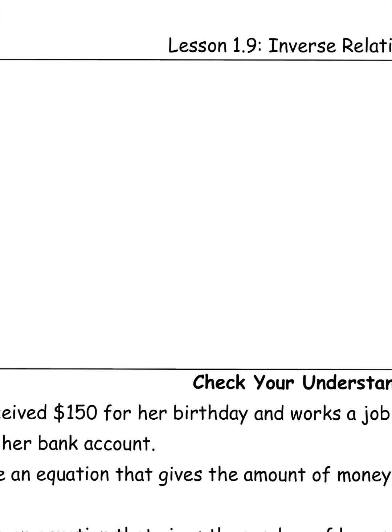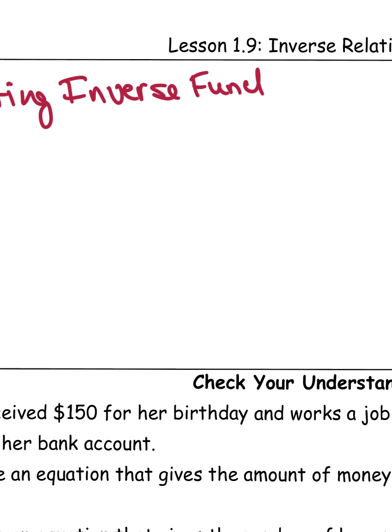I have something to put in your box. Let's see what I want to put in your box. Let's put writing inverse functions. I'm not sure why we get stuck on this idea. If I give you a table, can you find the inverse? What would you do to find the inverse? Swap the x and y's.